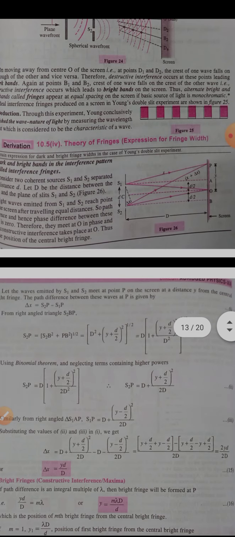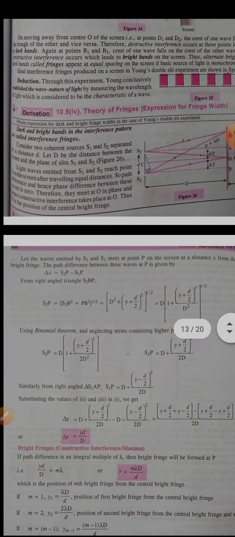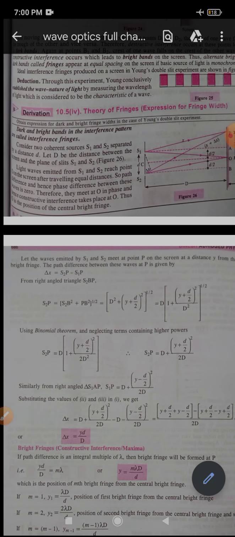Now we see the derivation part, that is the theory of fringes: at which length we will have a bright fringe, and at which length we will have a dark fringe. The dark and bright bands in the interference pattern are called interference fringes.